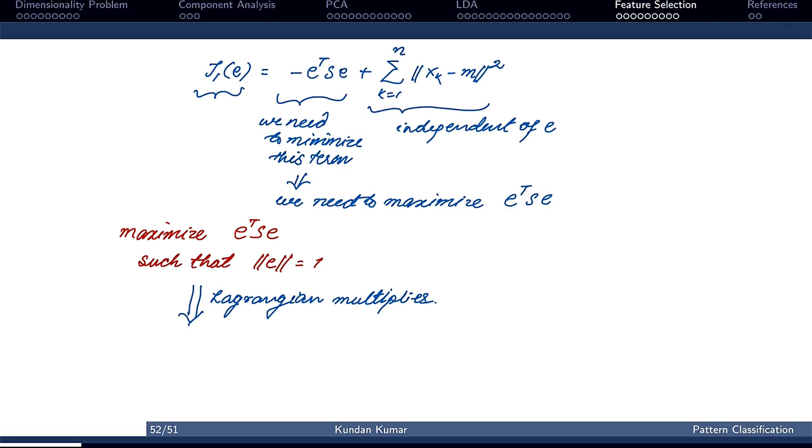This problem will be formulated as u equal to E transpose S E minus lambda times (E transpose E minus 1), where lambda is the Lagrangian coefficient.